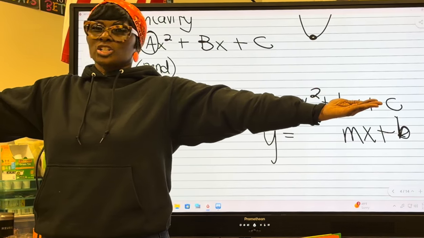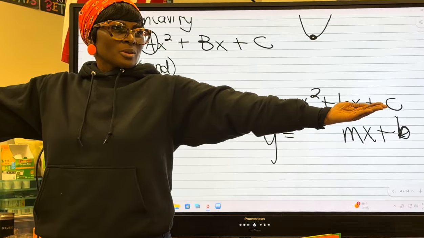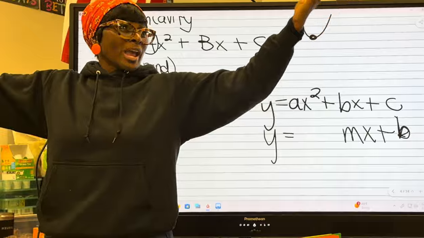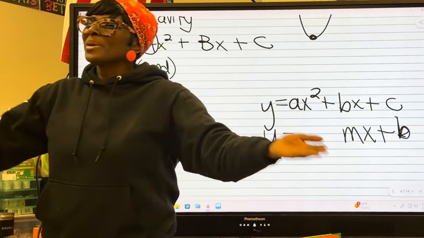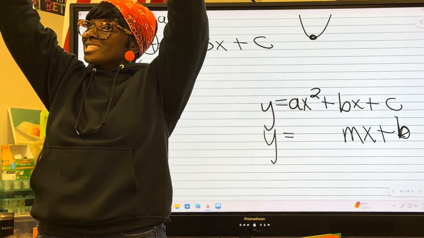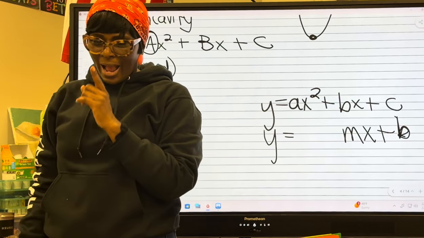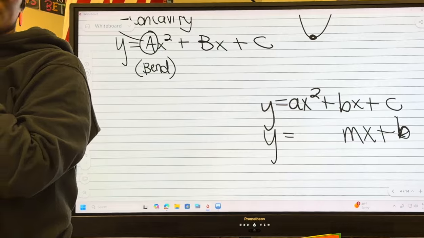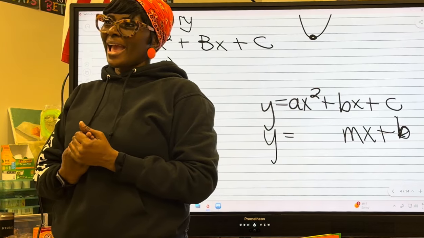It's not a quadratic function. It's a linear function. But the minute that A increases, it starts to bend, and it creates a quadratic function. Are you all following me? The bigger the A, the more narrow. The closer the A is to 0, the more wide. Now, what is wider? An A of 1 or an A of -1?